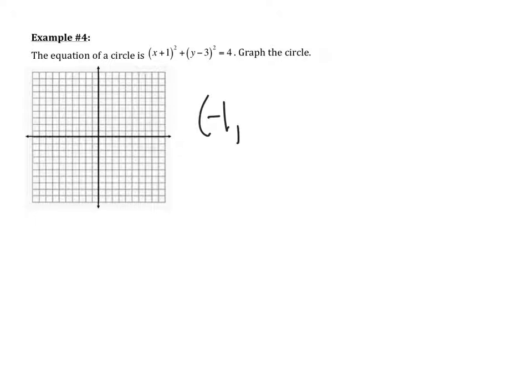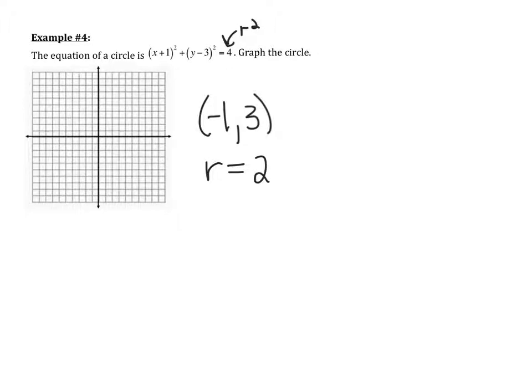And then our k value is y minus 3, so our k value is positive 3. So that's our center, and we now know that the equation is set equal to r squared. So if 4 is your r squared, then you just do the square root to find the radius. So the radius is 2.